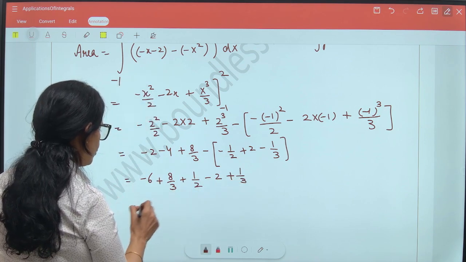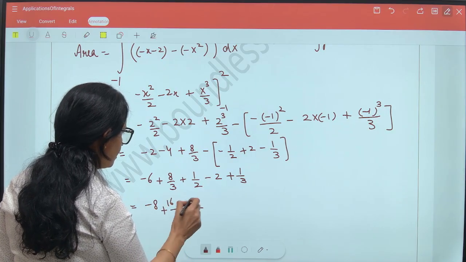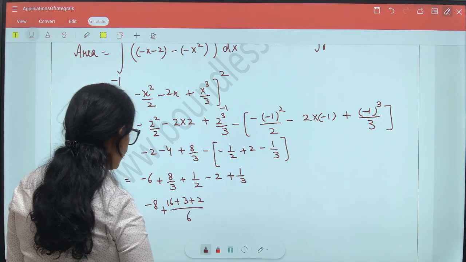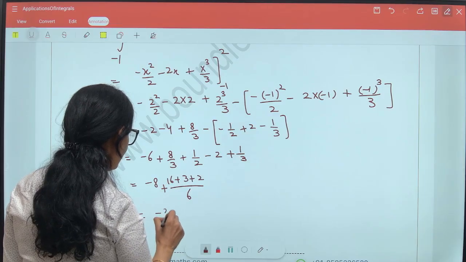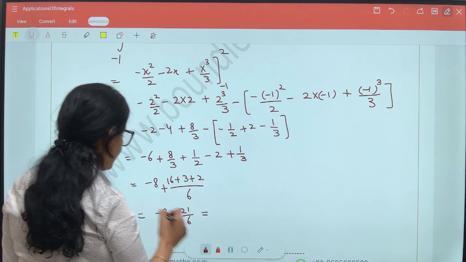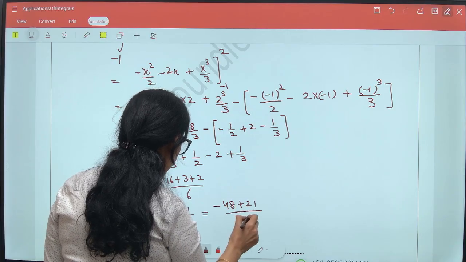Minus 6 and minus 2 is minus 8, and take the LCM as 6. 8 2s is 16, 2 into 3 and 3 into 2. So that comes out to be minus 8 plus 21 by 6.